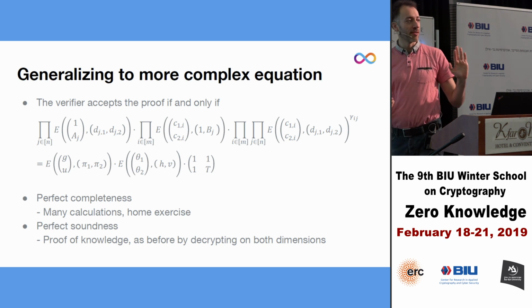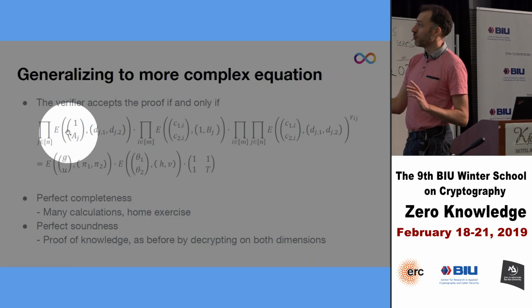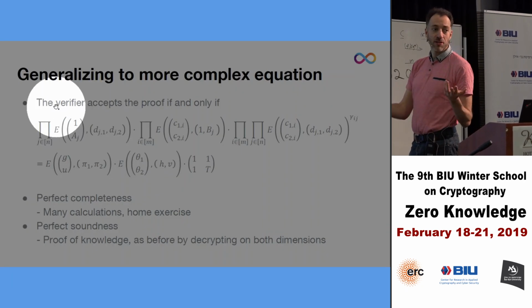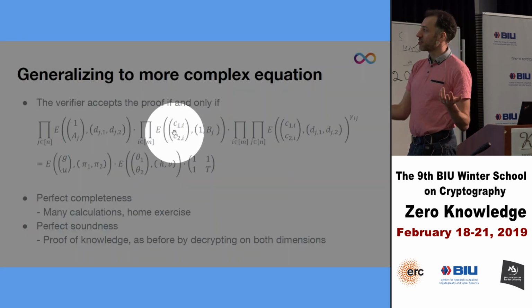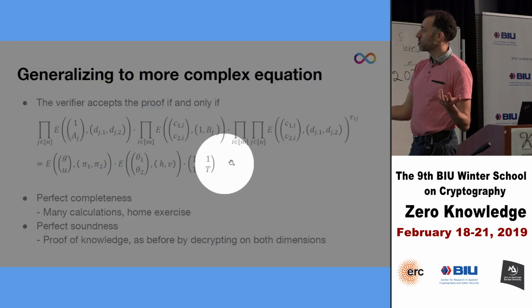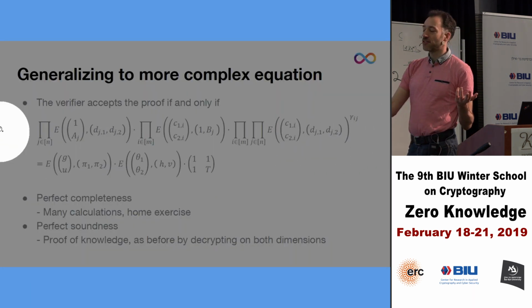Essentially, it's the same thing as before, right? So we take the unknowns with a ciphertext that encrypts y's. We take the ciphertext that encrypts the x with the knowns. And then we take the unknowns with unknowns to these exponents gammas. So it's essentially the same as before.